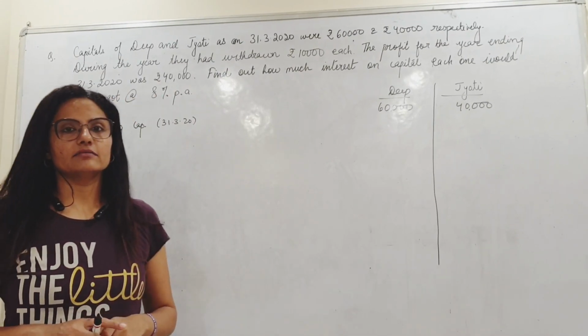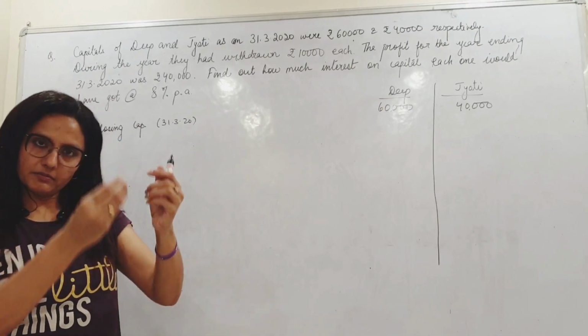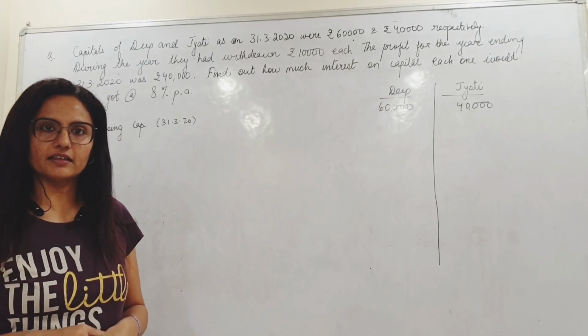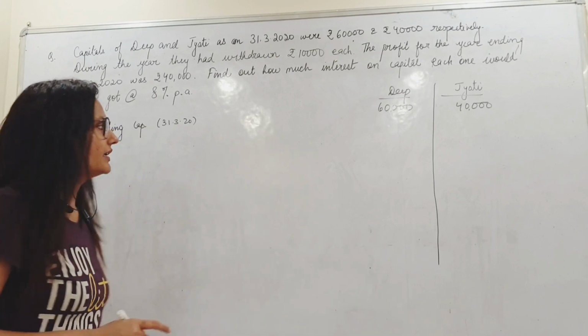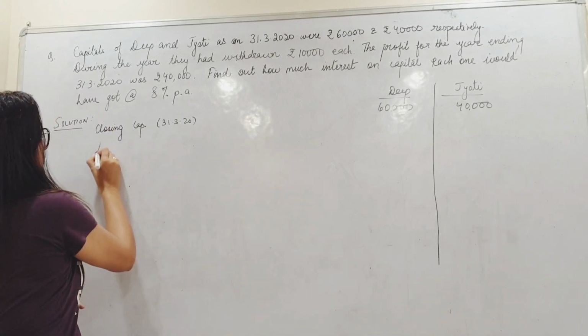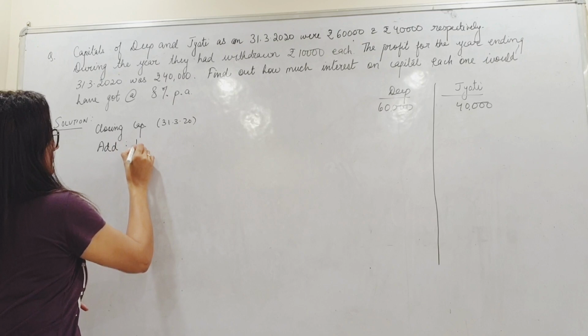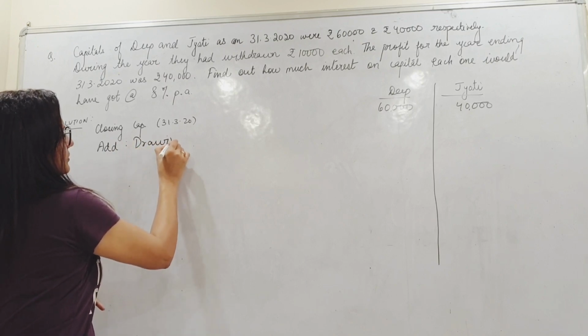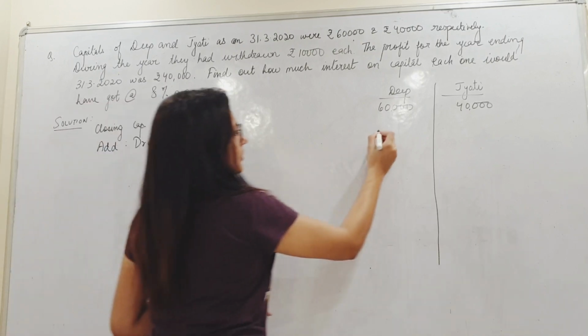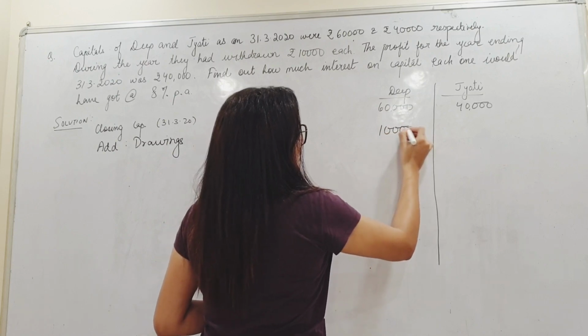Drawing से क्या होता है? Opening capital जितना है उससे माइनस कर देंगे drawings तो closing capital आएगा, right? So अगर उल्टा करना है तो we will have to add back the drawings. So drawings each one has made of 10,000 each.